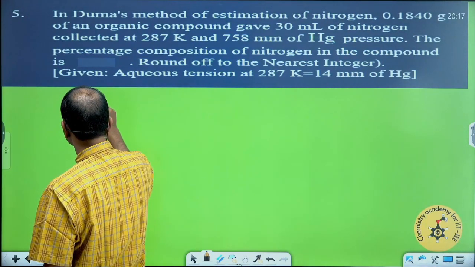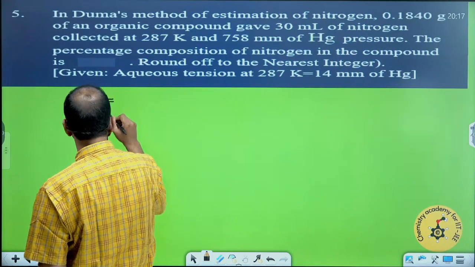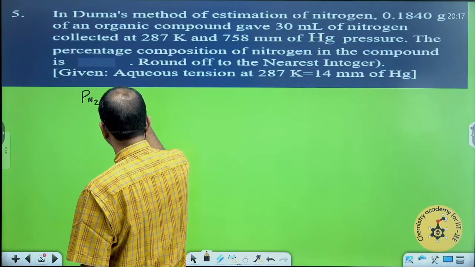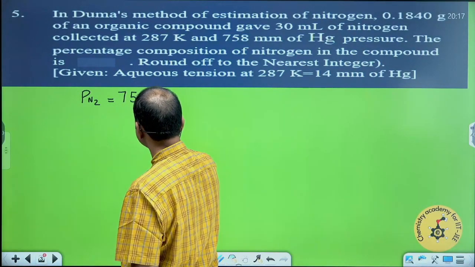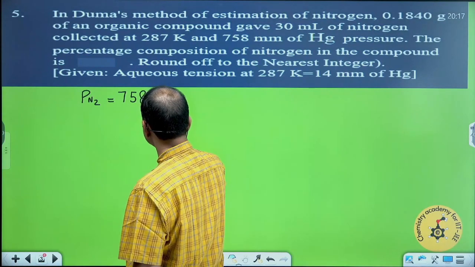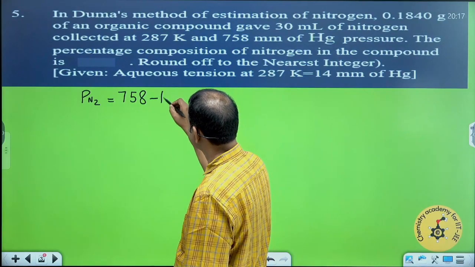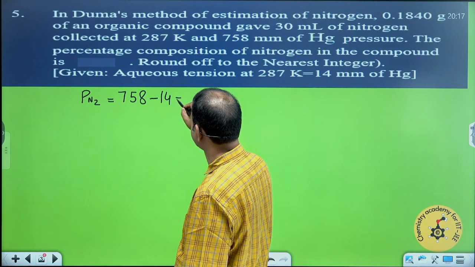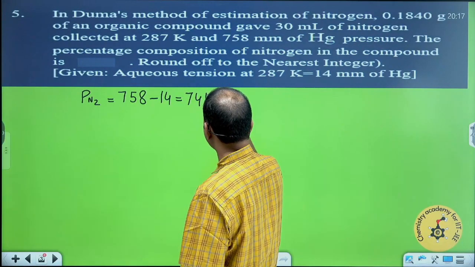If I write the pressure of nitrogen gas, it is equal to the total pressure, which is given, 758 mm of mercury, minus aqueous tension. The value of aqueous tension is given as 14 mm. If we simplify, this is equal to 744 mm of mercury.